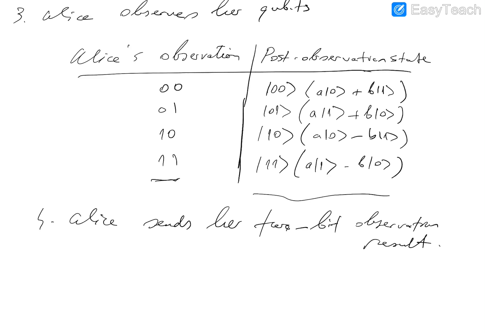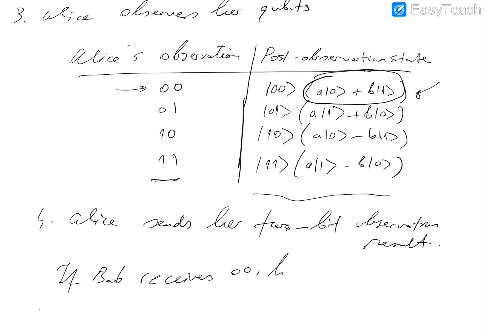Okay, so now Bob has 2 classical bits, and he has his own qubit. Now, if Alice's bits are 0, 0, Bob doesn't do anything with his state, because this is already the state that Alice wanted to send originally, right? So if Alice sends her 0, 0, then Bob is in state a0 plus b1, so Bob does nothing. Okay? So if Bob receives 0, 0, he does nothing.